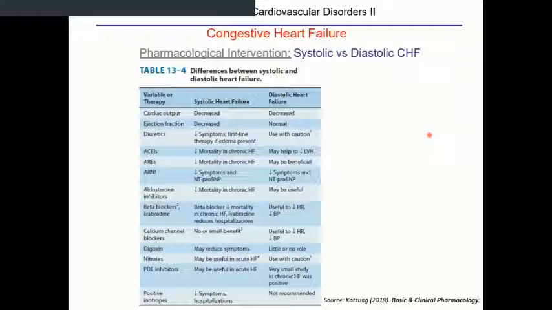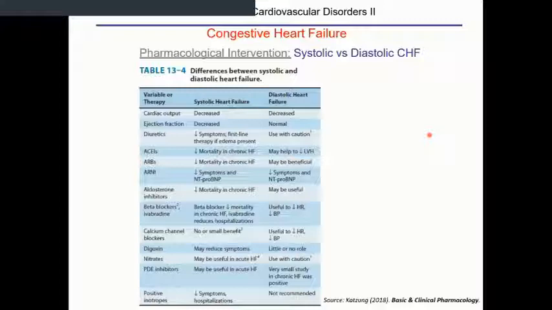For systolic heart failure, diuretics are first line of therapy, especially if edema is present, because they decrease symptoms. However, they should be used with caution, if ever, in diastolic heart failure.